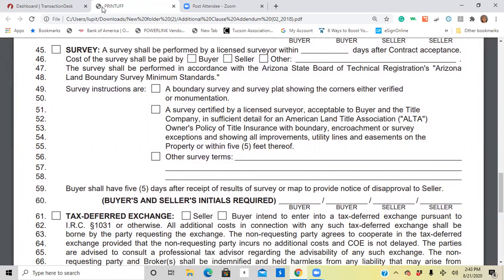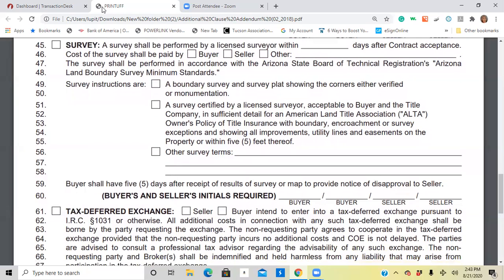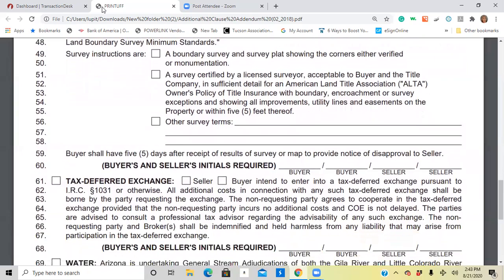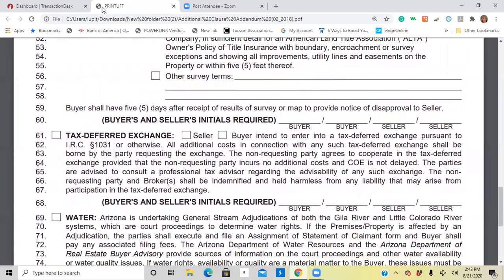A survey certified by a licensed surveyor acceptable to buyer and the title company in sufficient detail for an ALTA owner's policy of insurance with boundary encroachments or survey exceptions, and showing all improvements, utility lines and easements on the property within 5 feet thereof. Buyer shall have 5 days after receipt of results of survey or map to provide notice of disapproval to the seller.